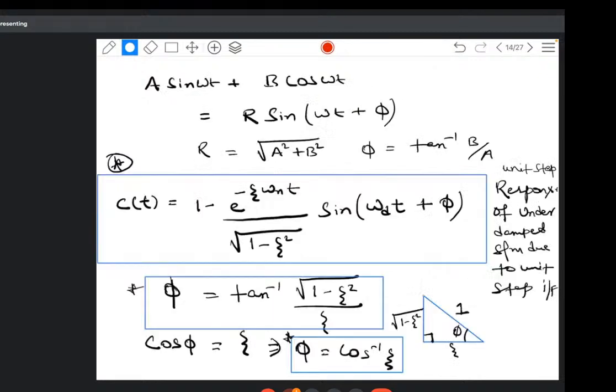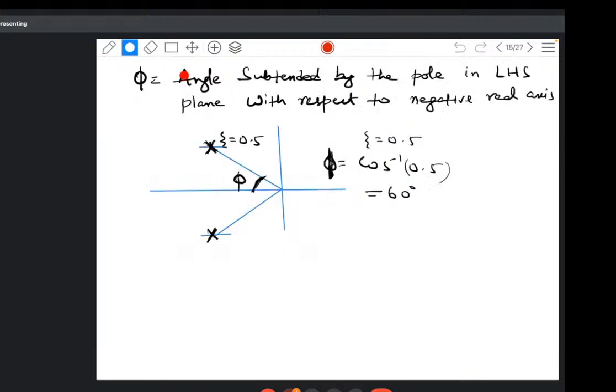So as I was telling you, what is phi? Phi is nothing but the angle subtended by the pole in the LHS plane with respect to the negative real axis. Suppose an underdamped system is given to you.